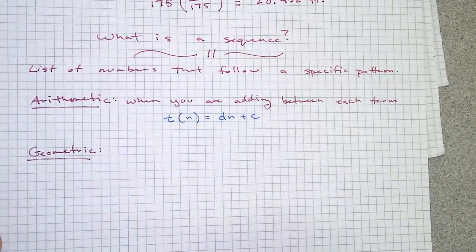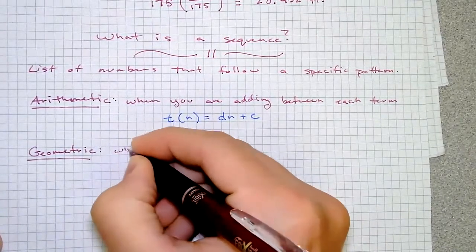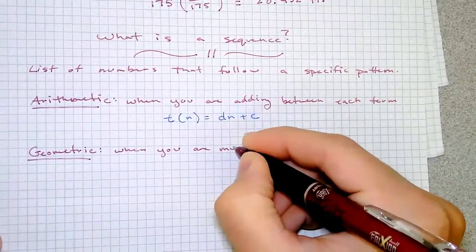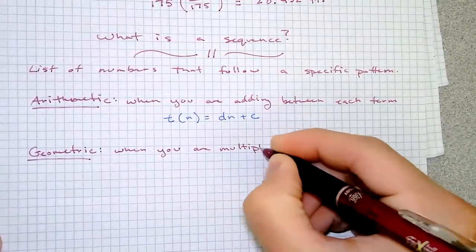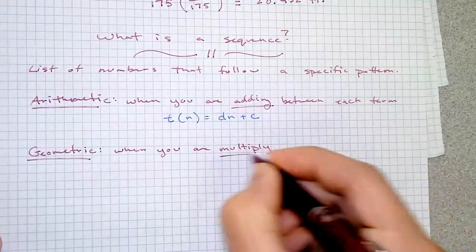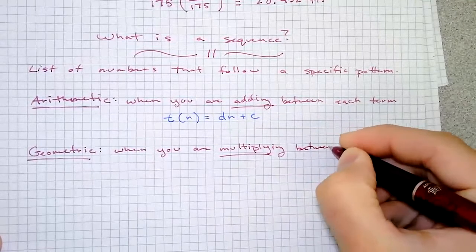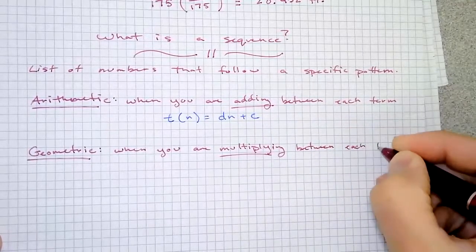The other sequence is geometric. This is when you are multiplying between each term.